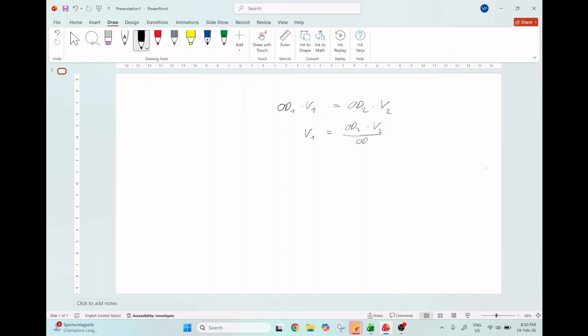divided by OD1. And the form that you may know more is C1 V1 equals C2 V2, same idea. Where this comes from is the conservation of the amount of something, amount of cells or amount of chemicals.